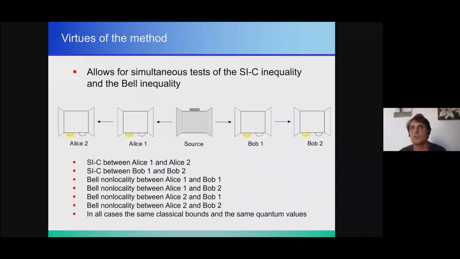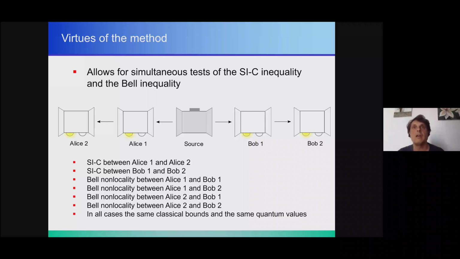In all of them, the measurements performed by the parties are the same, the local and non-contextual bounds are the same, and the quantum values expected from the theory are the same. This is a very, very interesting experiment to make.